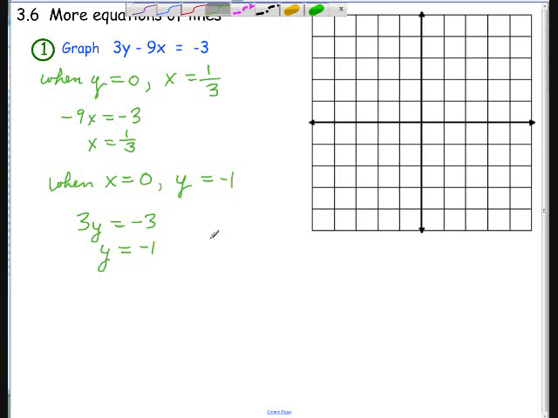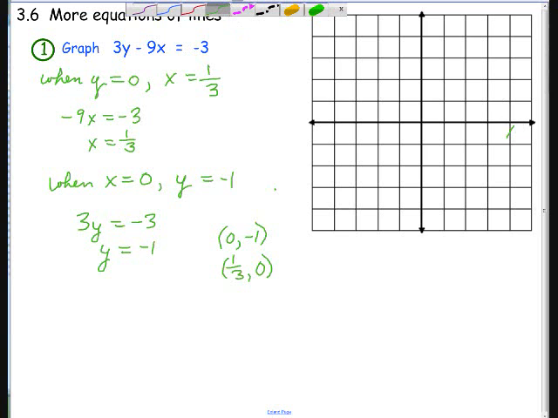So I have 2 points now I can use. What are they? There's 0, negative 1. That's my y-intercept. And 1/3, 0. That's my x-intercept. Let me graph them. I'm going to make this 1.